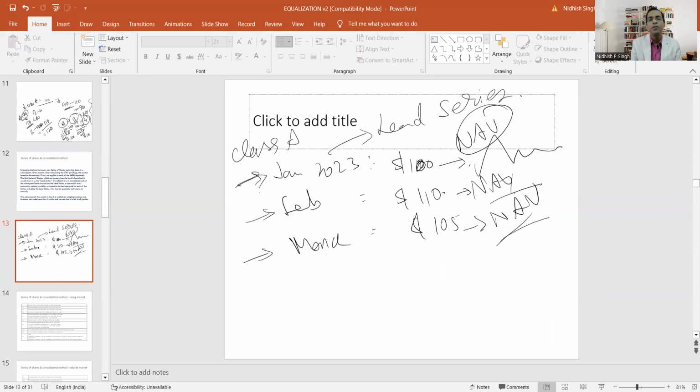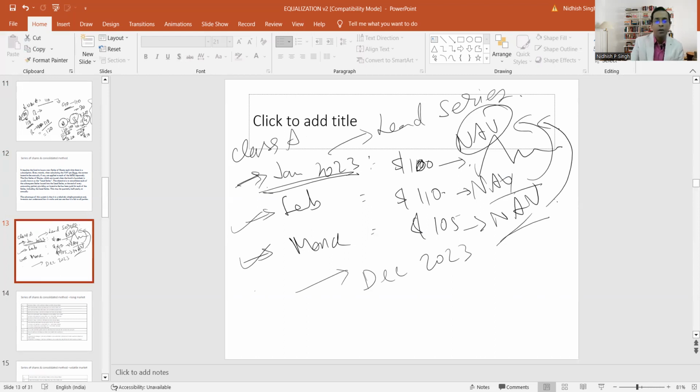And what it does is, at the end of the year, December 2023, when all the series have made profit and have some incentive fee, they will pay the incentive fee, and then they all will be rolled into the lead series. So January 2023 is the lead series, in which February and March will also roll. And we'll see that with an example now.